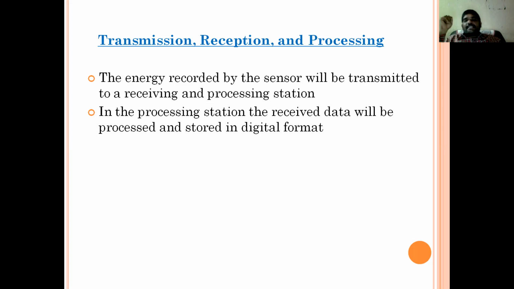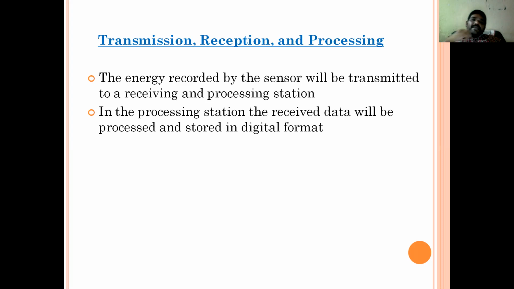What is a processing station here? Processing stations are not like supermarkets that we observe here and there. Here the processing stations are obviously the space research centers, ISRO, IRS and NRSC centers. There the images will be retrieved.